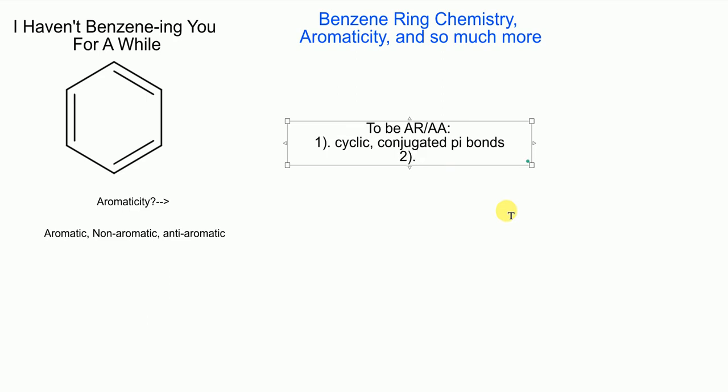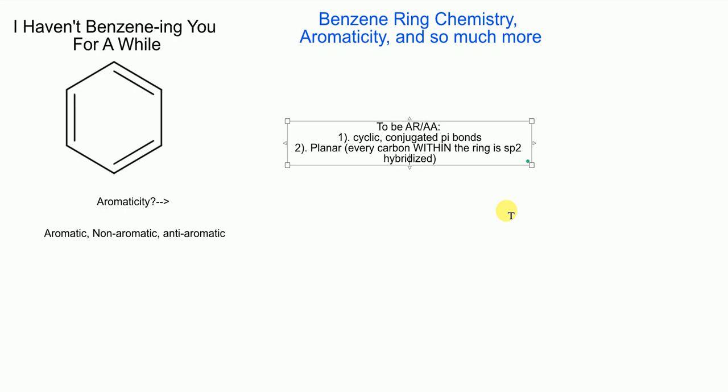I'm just listing them 1, 2, 3, 4. But there are certain rules that have to be present in order for something to be aromatic or anti-aromatic, and we'll talk about the difference between these subsets later. They must be planar, so every carbon within the ring is sp2 hybridized.